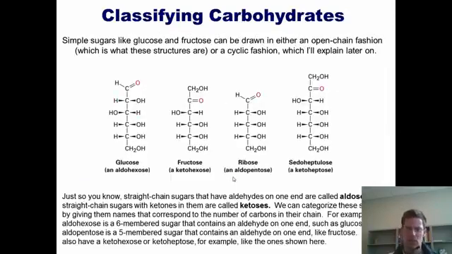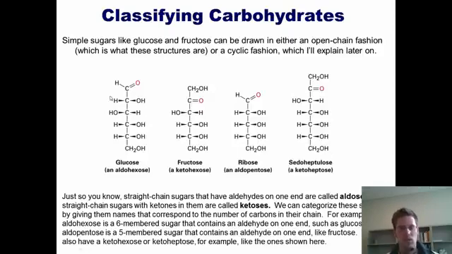Now, simple sugars like glucose and fructose can be drawn in either an open chain fashion, which is what these structures here are, or in a cyclic fashion, which I'll explain later on. For now, let's just focus on this open chain way of drawing sugars.